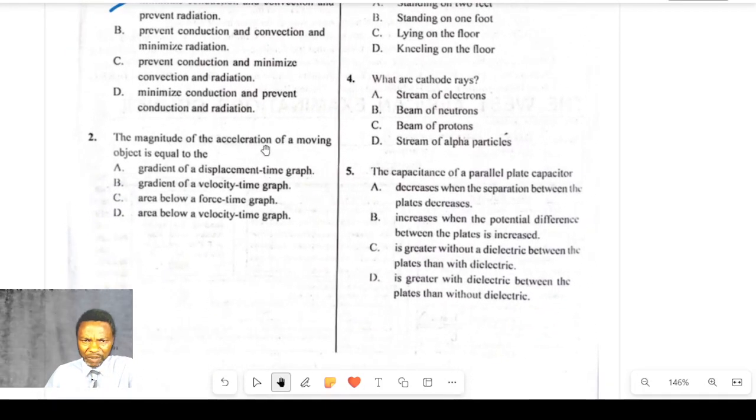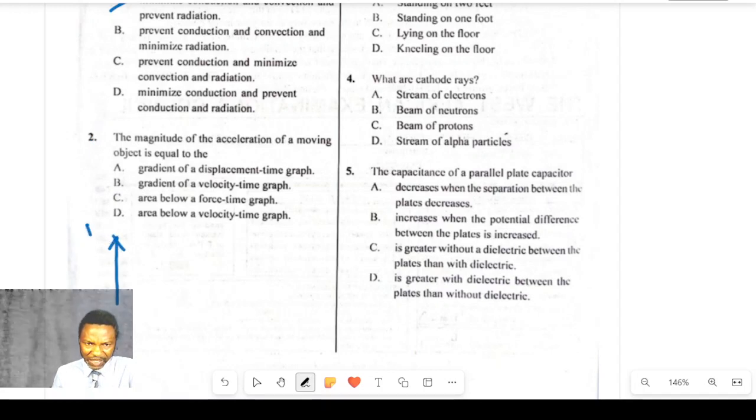The magnitude of acceleration of a moving object is equal to the gradient of the velocity time graph. Basically, what we are looking at is a velocity time graph.